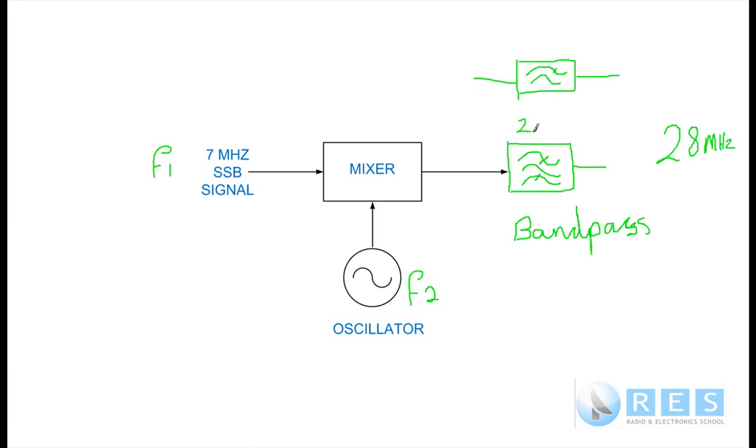But this is a bandpass. It's tuned to 28 megahertz, and it allows the F1 plus F2, which is a result of the mixing between F1 and F2. The sum F1 plus F2 is on 28 megahertz, and it will travel through that filter, and we've converted our 7 megahertz signal to 28 megahertz on single sideband.